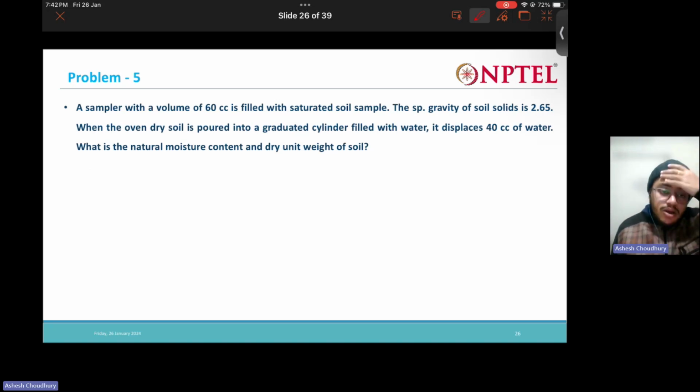When a dry soil is poured into a cylinder, it displaces 40 cc. That means the volume of the soil solids is nothing but 40 cc. So on this line, we can write volume of soil solids is 40 centimeter cube.